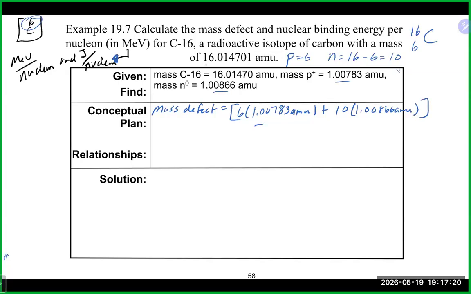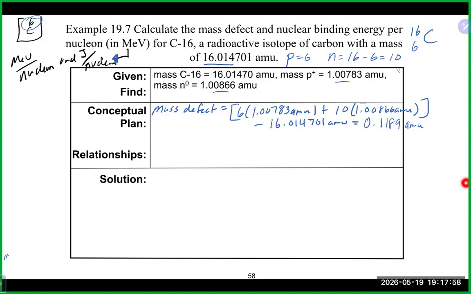That is then subtracted from the atomic mass of our isotope, which is 16.014701 AMU in this case. So we end up with 6 times 1.00783 plus 10 times 1.00866, about 16.133, minus 16.014701. That gets us a mass defect of about 0.1189 AMU.